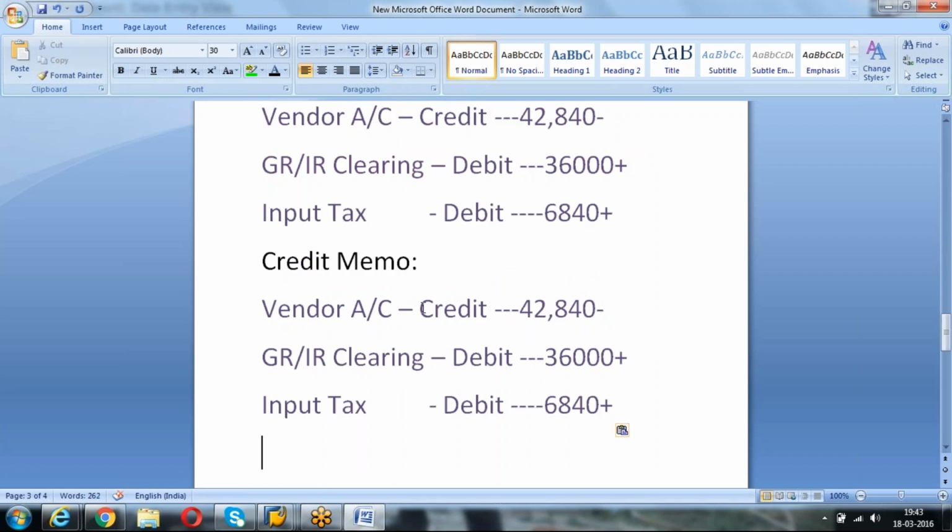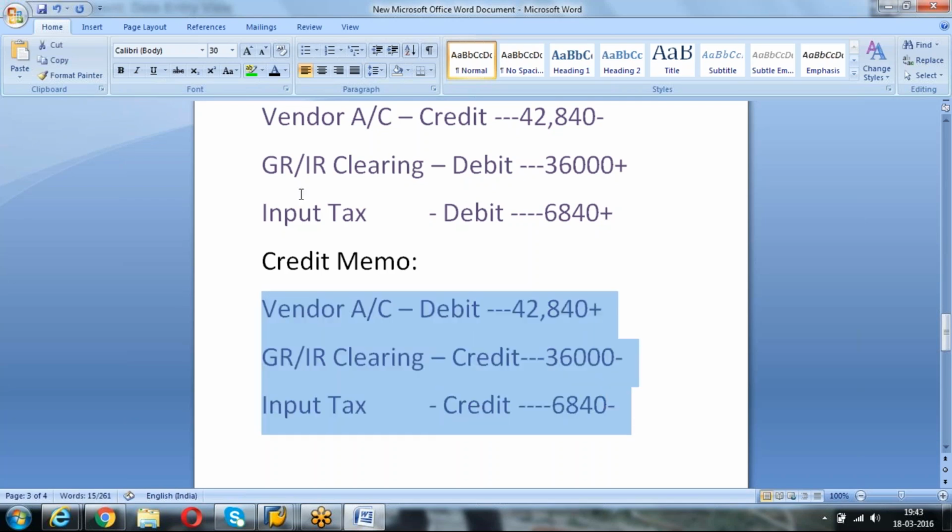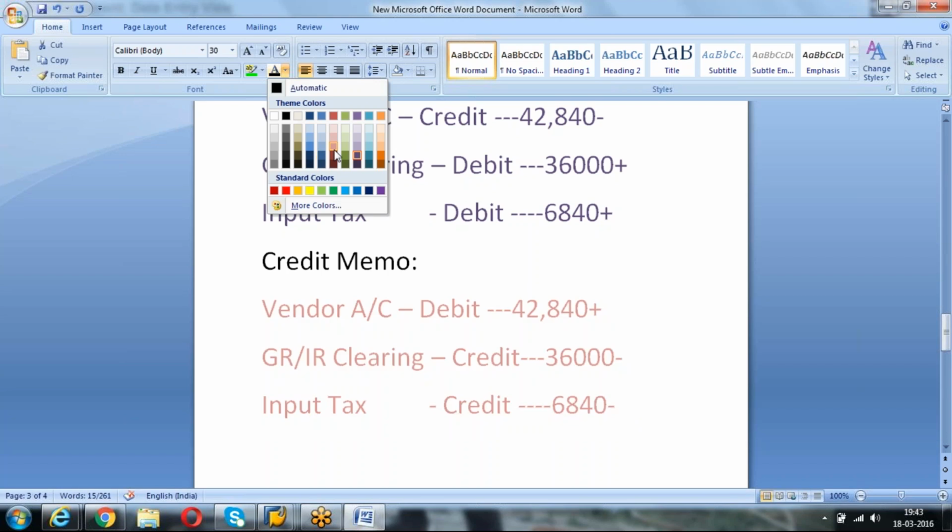Vendor account debit, okay, GRIR credit, input tax credit. This is just the opposite of what we have seen in invoice verification. Okay.